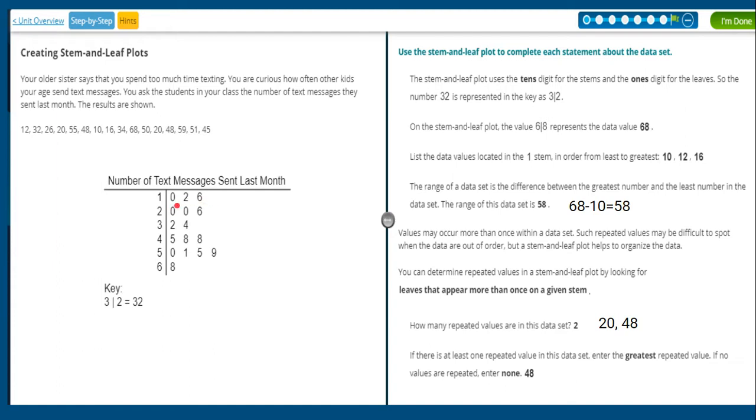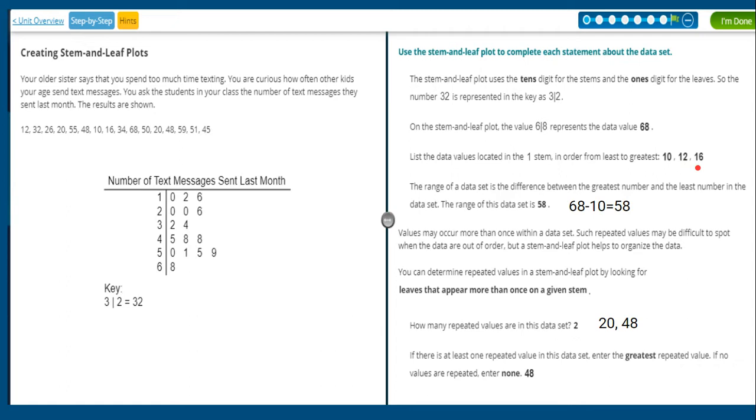It's 10, 12, and 16, because you have to attach the 1, which is the number in the tens place, with the other digits. Okay, what I'm saying is, you see right here, you got the number 10 right here in the data. So that 10 right here is represented right here. So that's not the number 0, that's the number 10. So when you're typing in your answers, you should have typed 10, 12, and 16 instead of 0, 2, and 6.